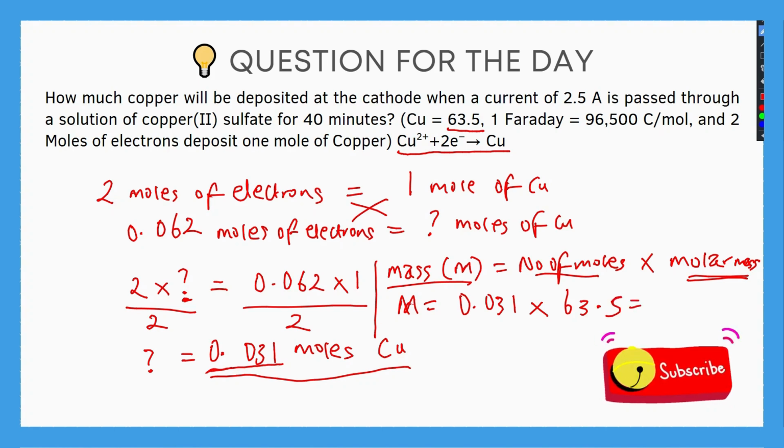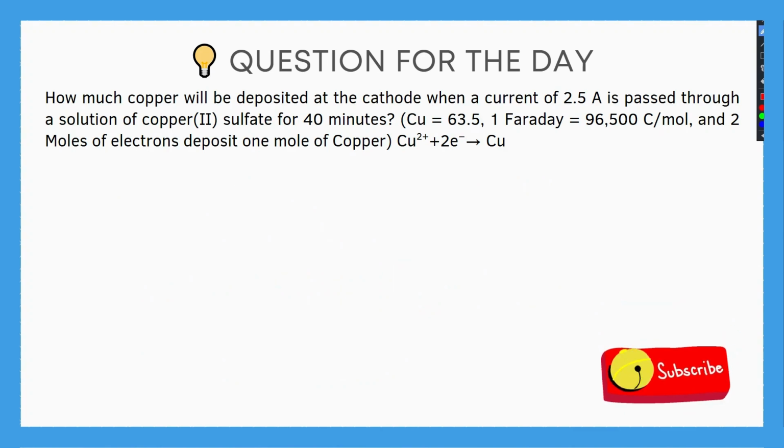When we do our math, 0.031 times 63.5 gives us 1.9685 grams. So from this question, we've gotten our answer: 1.9685 grams of copper was produced.